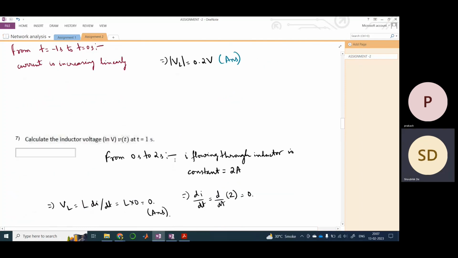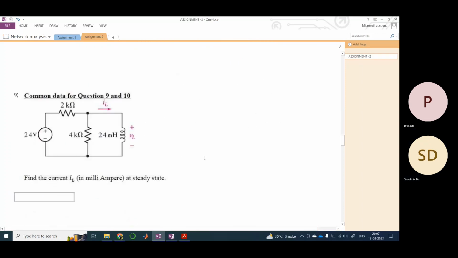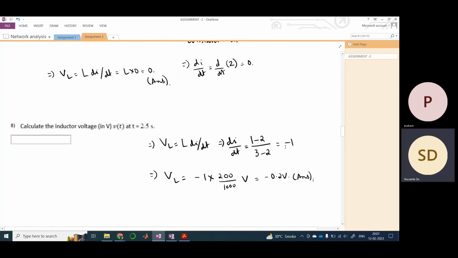So di/dt would be the same here, right? So di/dt would be nothing but minus 1 per second. Therefore it would be minus 0.2 volts.